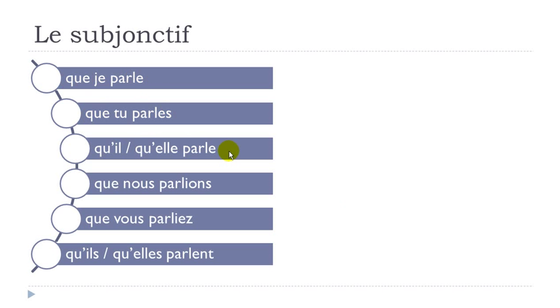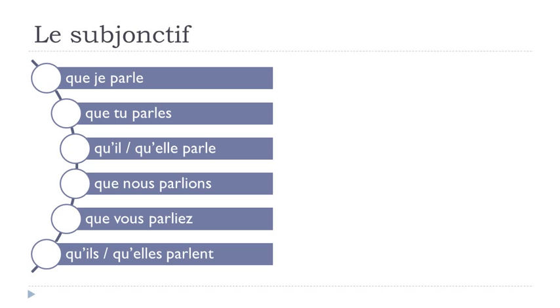Qu'il parle, qu'elle parle, exactly the same thing as the present form. And then qu'ils parlent, qu'elles parlent, same. It's like the present form. Que nous parlions and que vous parliez, it's exactly the same thing as the imparfait. All right? So normally, if you watched all the videos, especially the video concerning the present tense and the imparfait, well, you know this subjunctive form already.